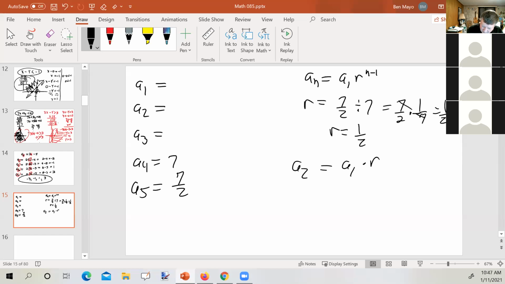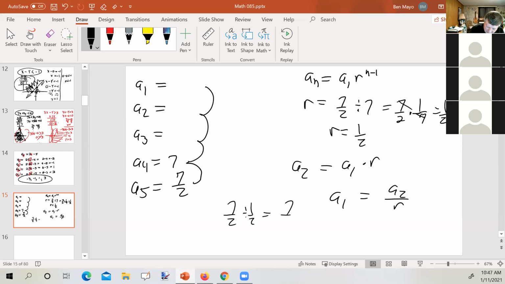So wouldn't a sub 1 equal a sub 2 divided by r, going back the other way? So in other words, going this way, I'm going to divide by 1/2 instead of multiply by 1/2. So a sub 5, 7/2, divided by 1/2. 7/2 divided by 1/2 is 7/2 times 2/1, which is 7. Okay, that's where we got that.